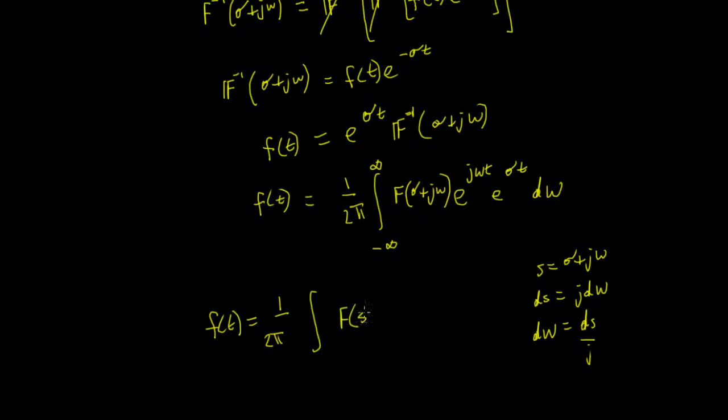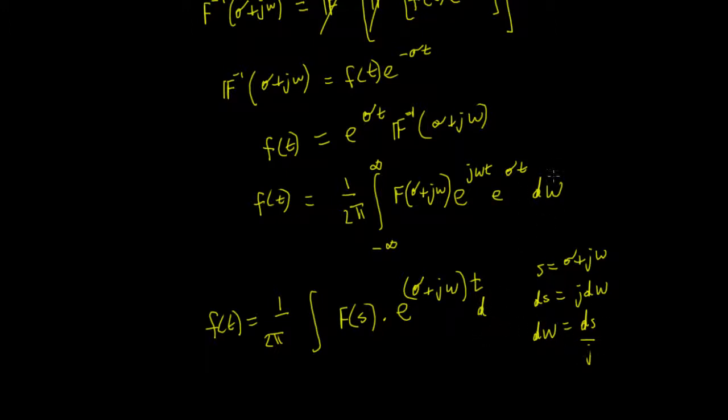It's going to be F of s times our e to the j omega t and e to the sigma t, so that's equivalent to writing e to the sigma plus j omega, times t.